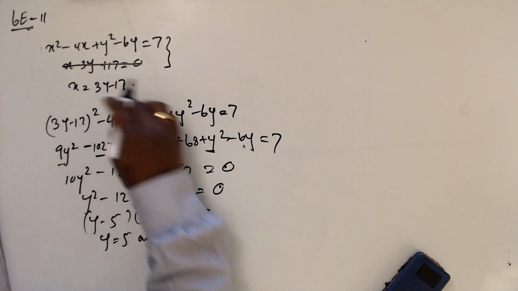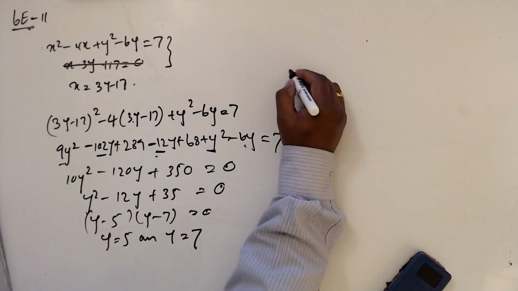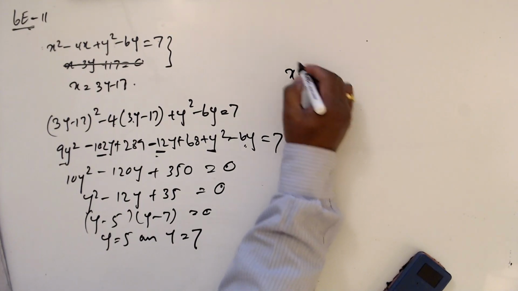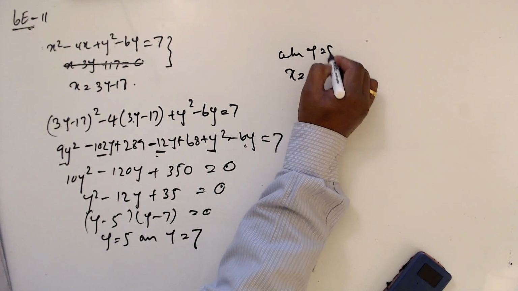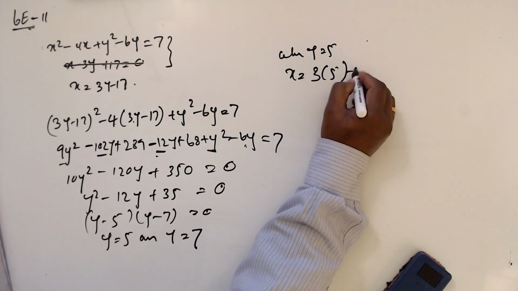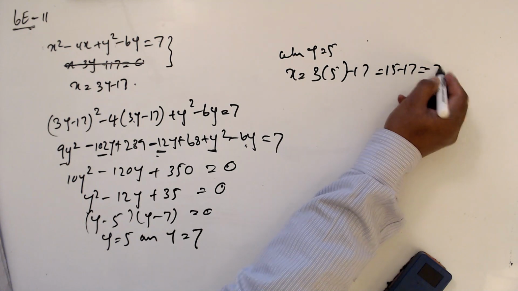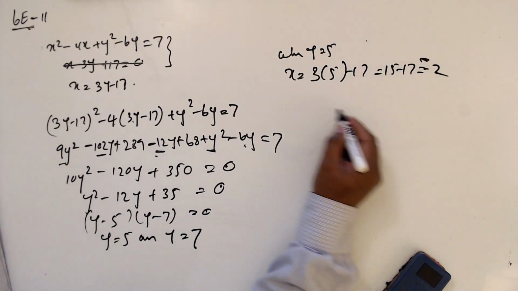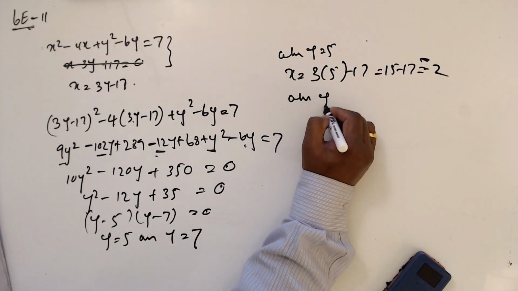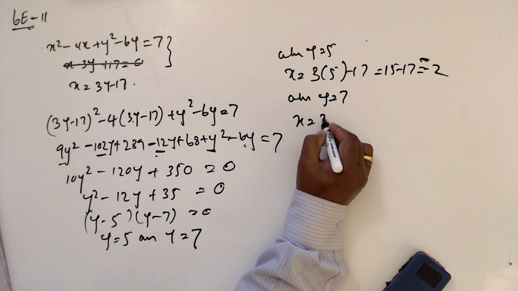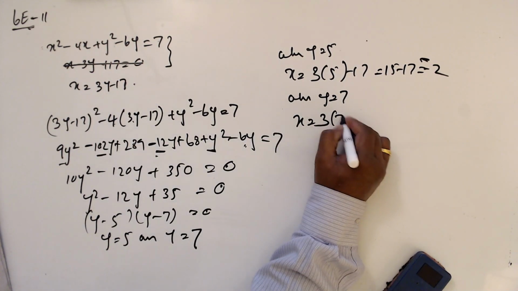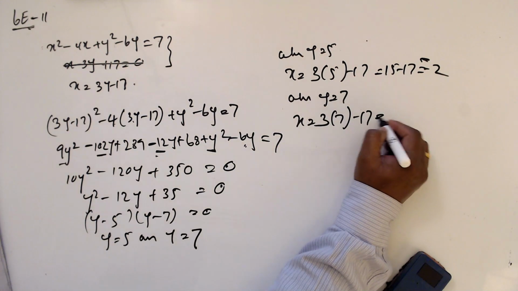Now when y equal 5, x equal 3 times 5 minus 17, 15 minus 17, minus 2. When y equal 7, x equal 3 times 7 minus 17.